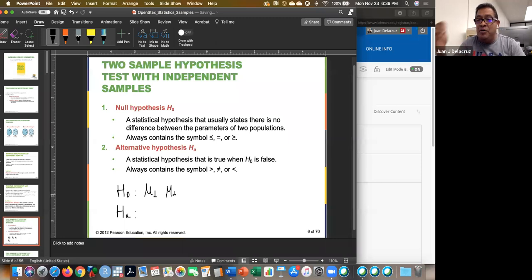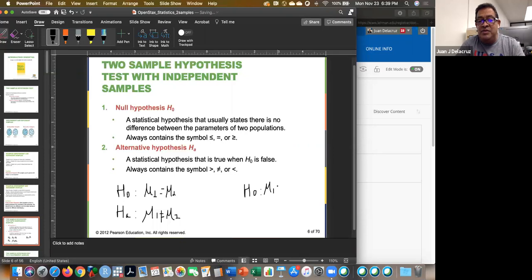I'm going to hypothesize that the difference between the two populations is either equal, and therefore the two groups are unequal, right? Or we can use any of these symbols: less than, greater than or equal to, and all these combinations. The point is that in the previous test, we were comparing my parameter with a constant.